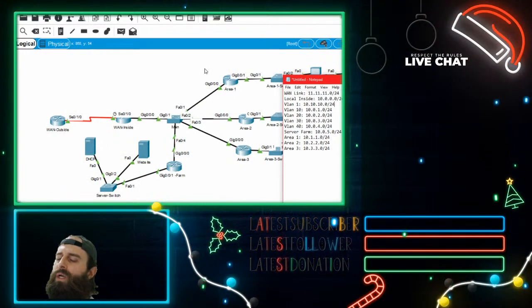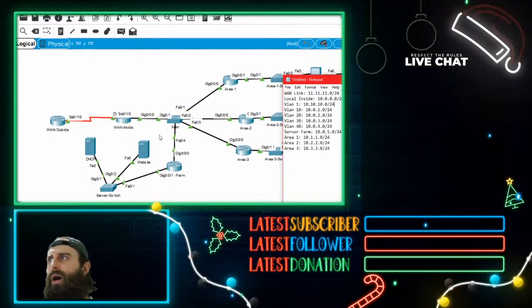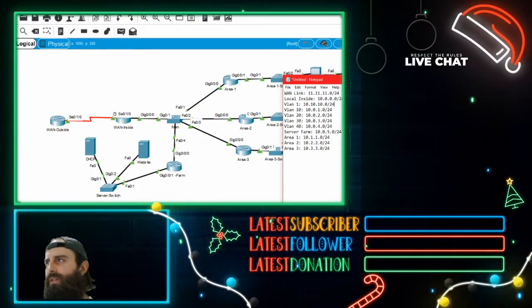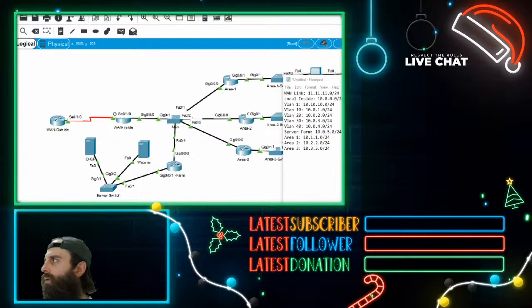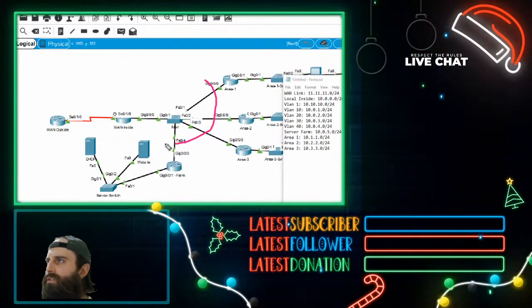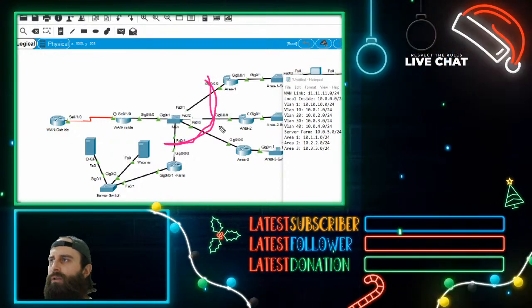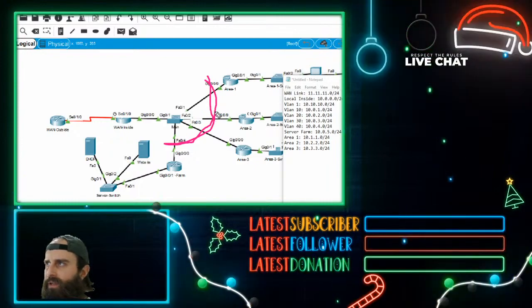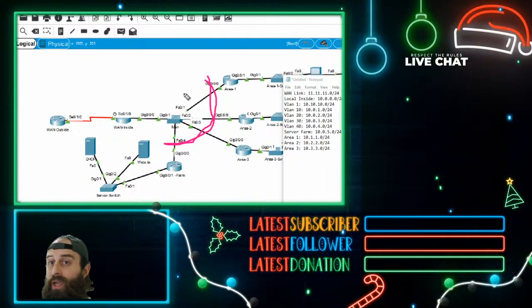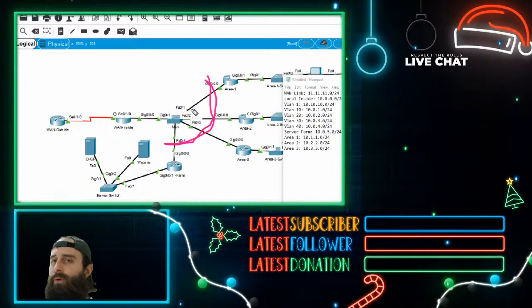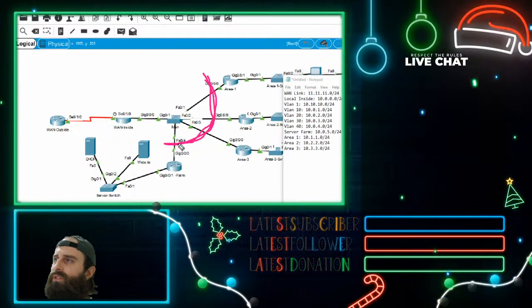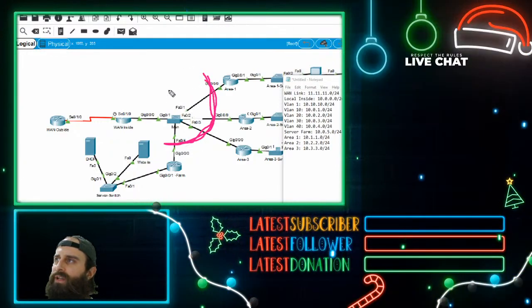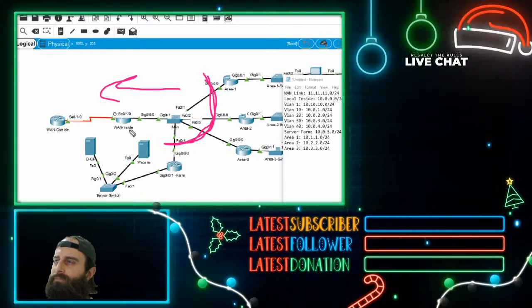All the local outside interfaces are represented by these interfaces right here. This is our local outside, because they're local to the network, but they're facing the outside.